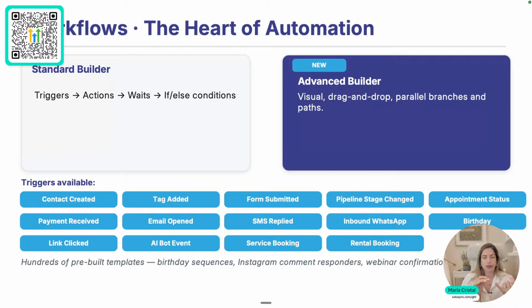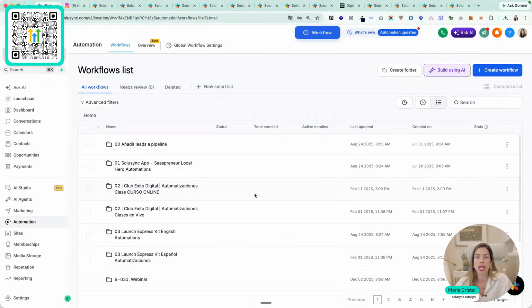It could be that you created a contact or that a contact was auto-created, that you received a payment, that an email was opened or clicked, that someone submitted a form, that a tag was added, that a pipeline stage changed, the appointment status for a service, a virtual meeting, or a rental changed, an SMS reply was received, an inbound WhatsApp, the birthday of your clients can trigger a workflow, an AI bot event, for example, and much more. There's hundreds of pre-built templates that you can use.